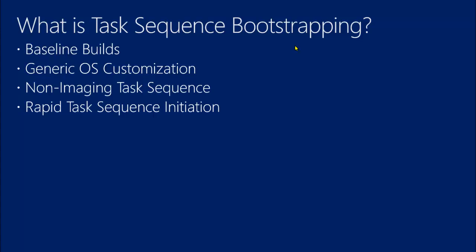Now, what's interesting is you can use task sequence bootstrapping separate and apart from Autopilot, and we'll talk about Autopilot coming up, right? Or you can use it in conjunction with Autopilot, either way. So let's talk about that for a minute. Autopilot is that experience where you do effectively the same thing, right?